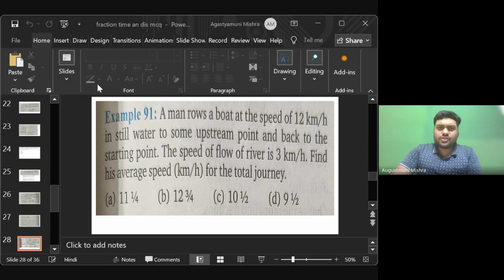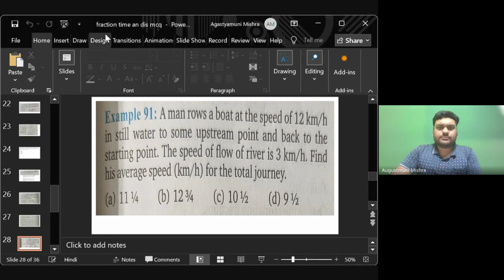Even you can share your answer, what you received, if it is present in the options. If you think that I should change this slide, then you can say.